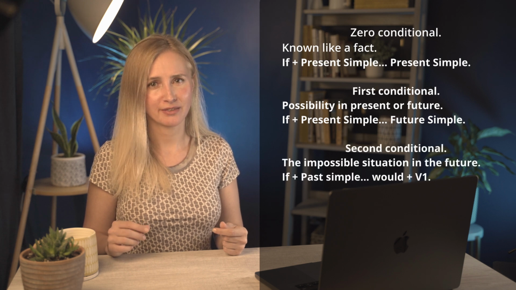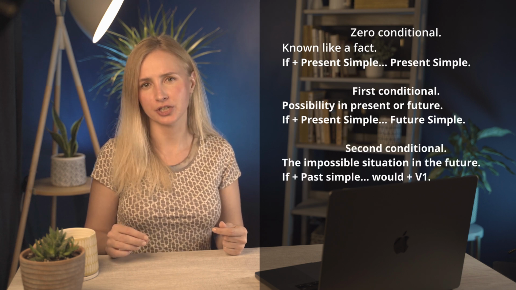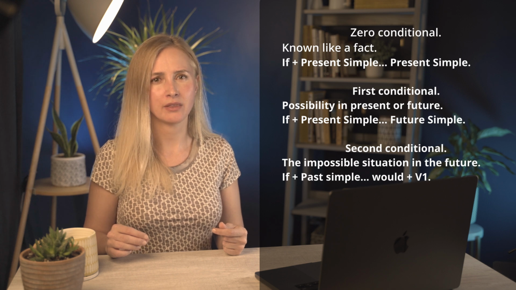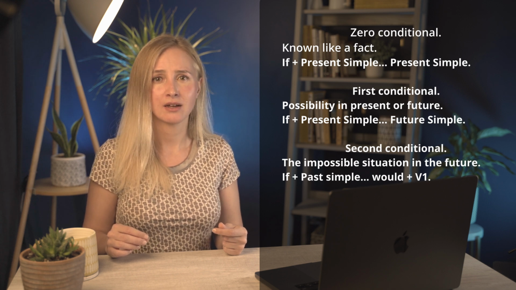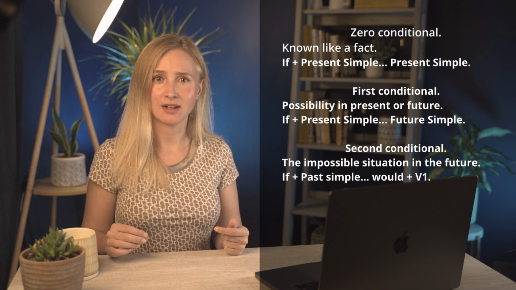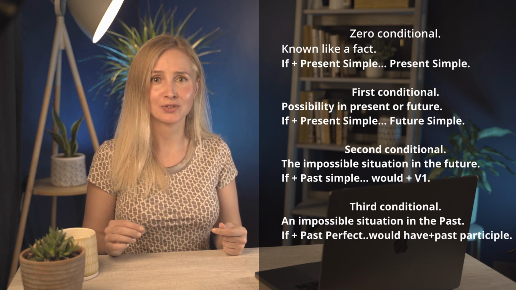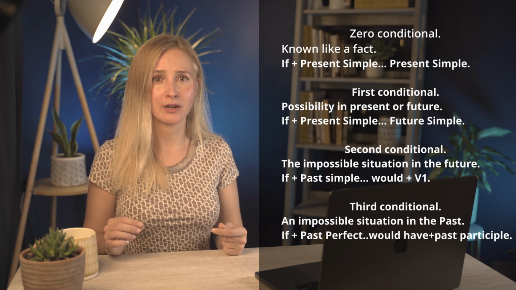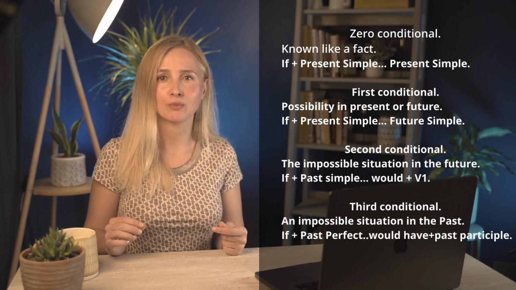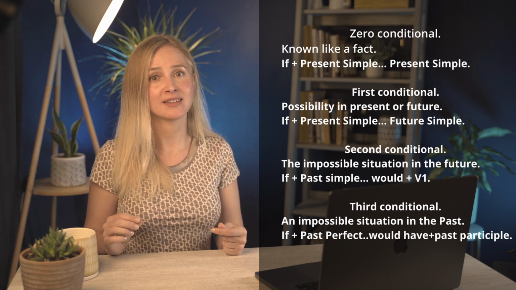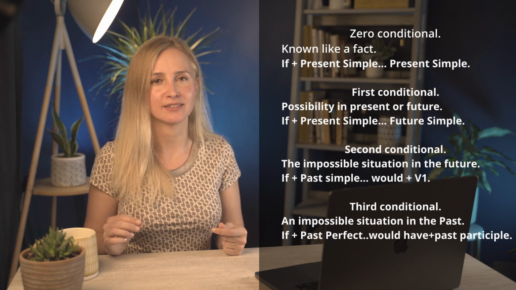Second conditional: the impossible situation in the future, past simple in the conditional part and would in the result part. And third conditional: an impossible situation in the past, where we have past perfect for the conditional part and would have plus past participle for the result.